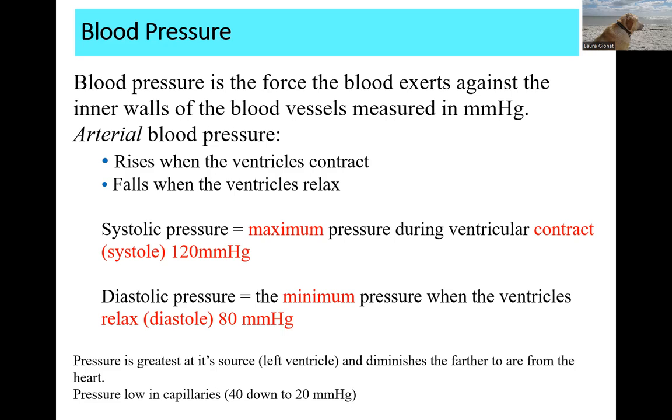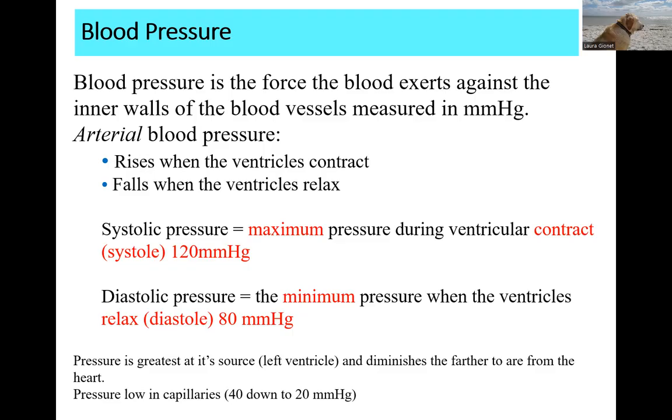The diastolic pressure in the denominator is the minimum pressure exerted when the ventricles are in diastole. The systolic pressure averages around 120 millimeters of mercury, and the minimum pressure is generally around 80 millimeters of mercury.